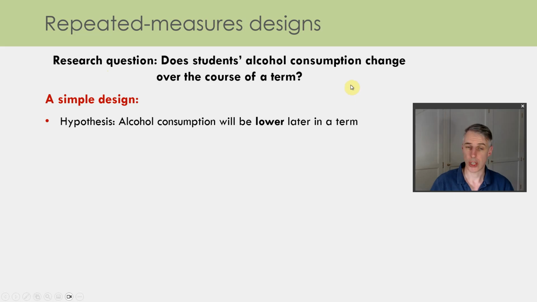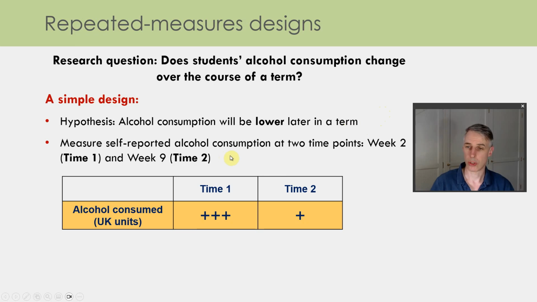So a very simple design might involve testing the prediction that alcohol consumption will be lower later in a term. There is lots of fun at the start of a term, but then as assessments kick in, maybe money runs out as well, alcohol consumption decreases over the course of that term.